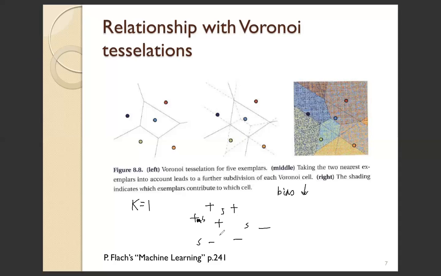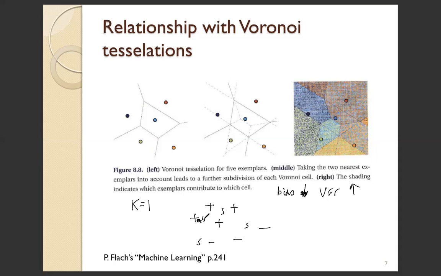In that case, we say that the bias is low, because on average, whether it takes a plus or a minus, it's balanced. There's no particular bias. But the variance is high, because every time it can change very easily depending on whether it is close to a plus or close to a minus. So the variability is very high if you use this method.